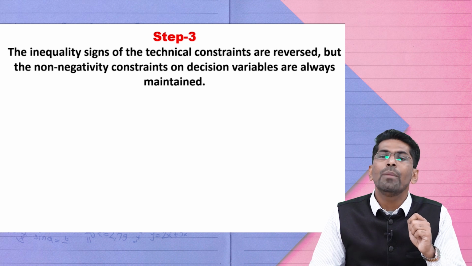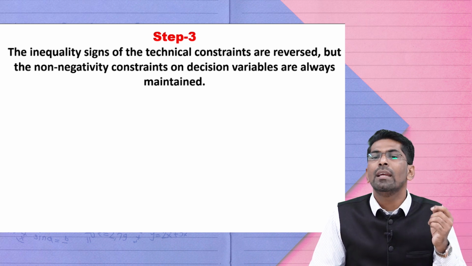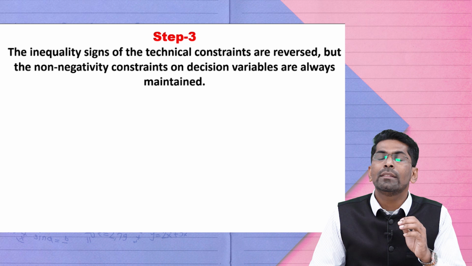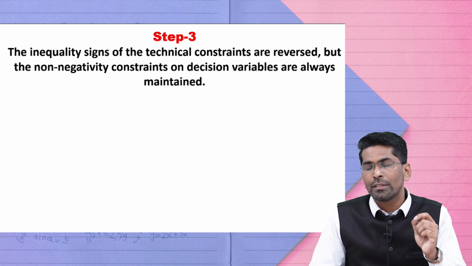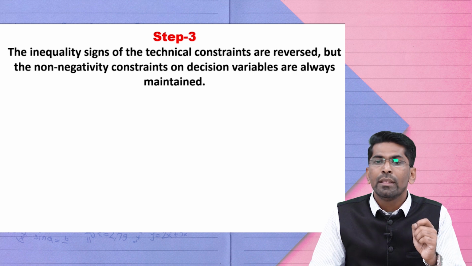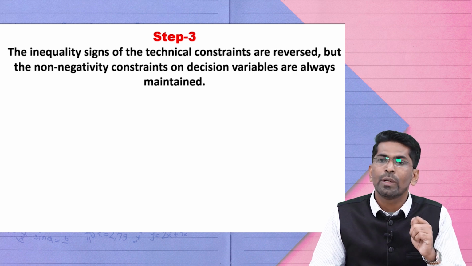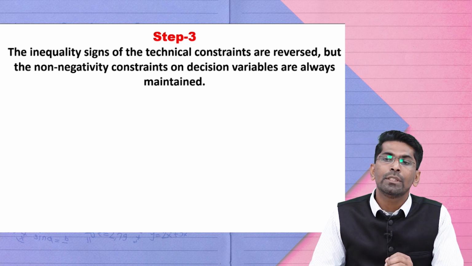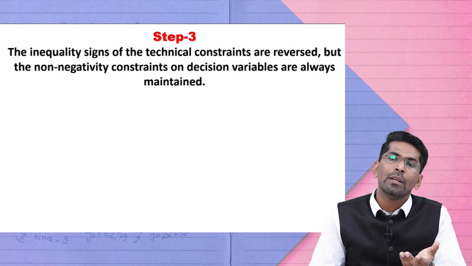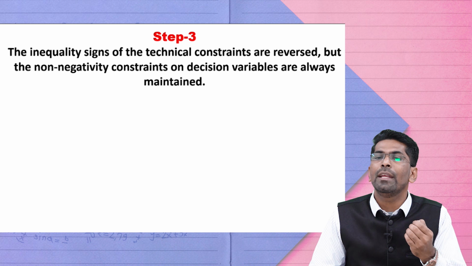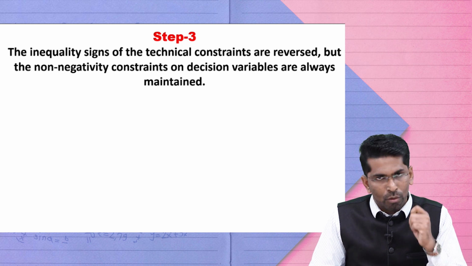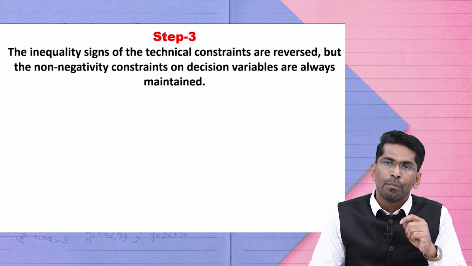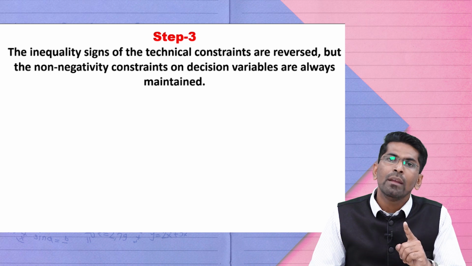When we formulate a dual problem from its primal in linear programming, there is a specific rule regarding the transformation of constraints, that is, the inequality signs of the technical constraints are reversed. This reversal of inequality signs ensures that the direction of optimization in the dual problem is opposite to that of the primal problem. However, the non-negativity constraints on the decision variables are always maintained in both the primal as well as the dual problem, which means that in both problems the decision variables must be non-negative.